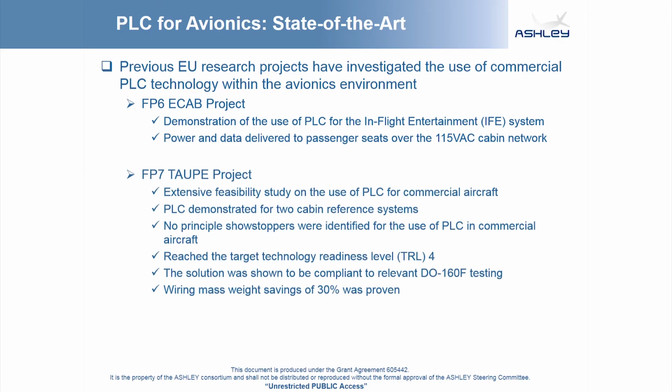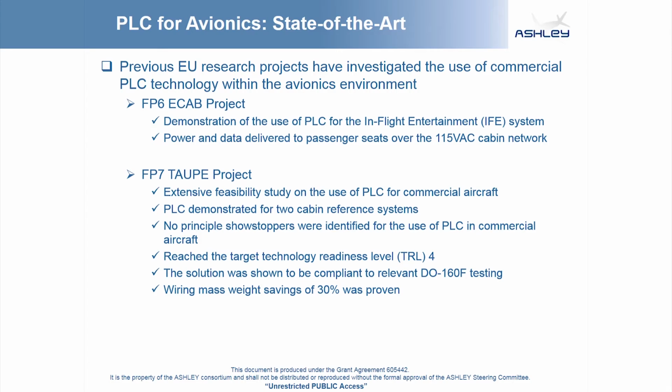The second project was the FP7 TAUP project, in which an extensive feasibility study on the use of PLC for commercial aircraft was performed. The cabin lighting system and cabin communication system for the Airbus A380 served as reference systems for this investigation.